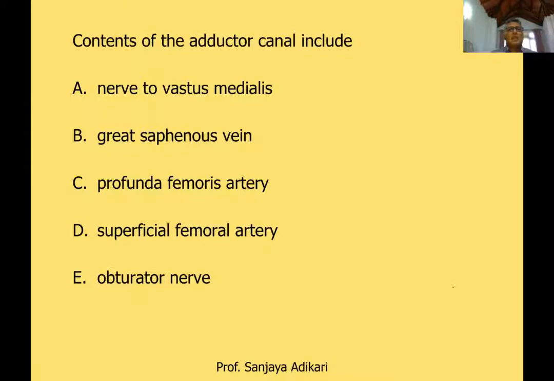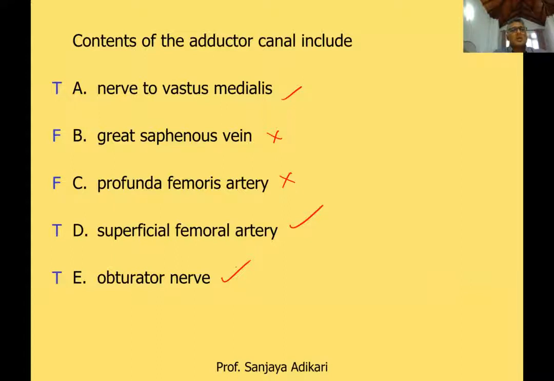Contents of the adductor canal include, this we have discussed several times, the nerve to vastus medialis. Great saphenous vein is in the superficial fascia. Profunda femoris artery passes behind the adductor longus muscle, so it's not inside the canal. Superficial femoral artery is the femoral artery, actually, so it's true. Then the obturator nerve: you can mark it true, but if you say anterior division, it's wrong.